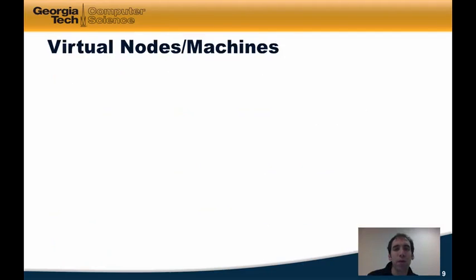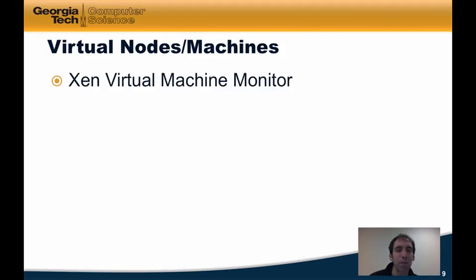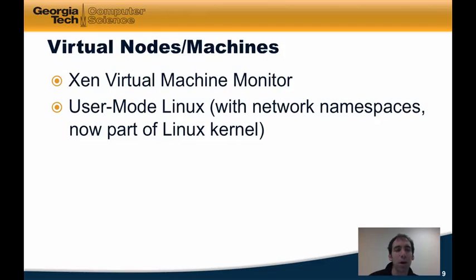So building a virtual network requires, of course, the technology to build virtual nodes or machines. One particular approach for doing that is the Xen Virtual Machine Monitor. Another is user mode Linux with something called network namespaces. Network namespaces were originally an add-on to the Linux kernel, and they're now part of the mainline Linux kernel.